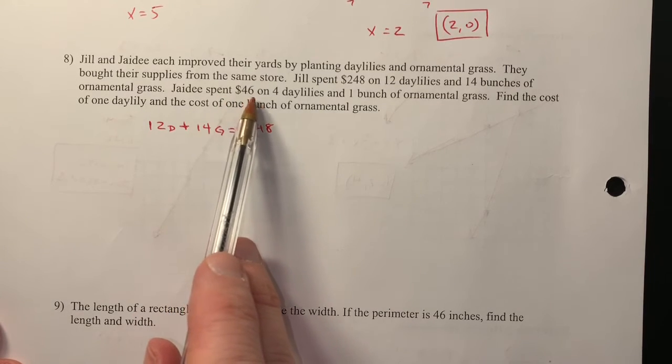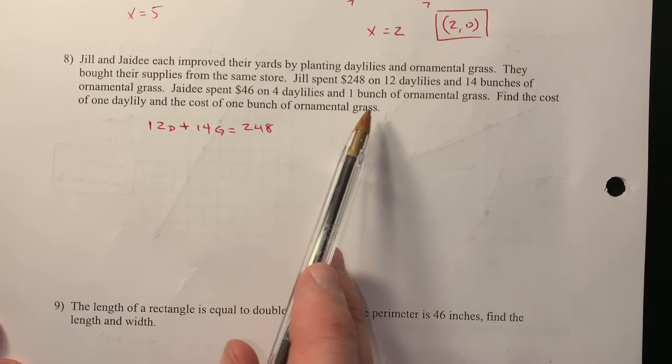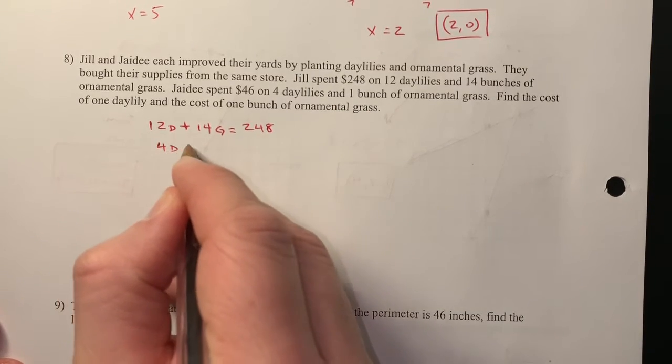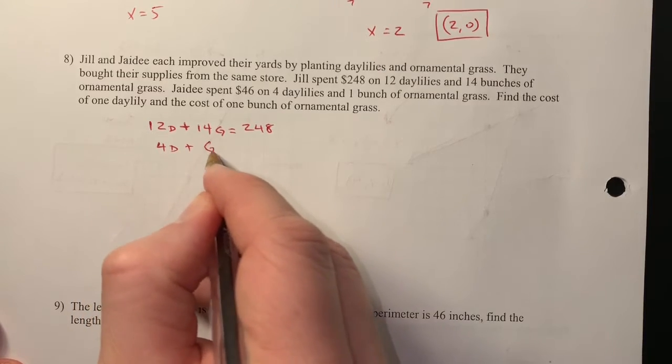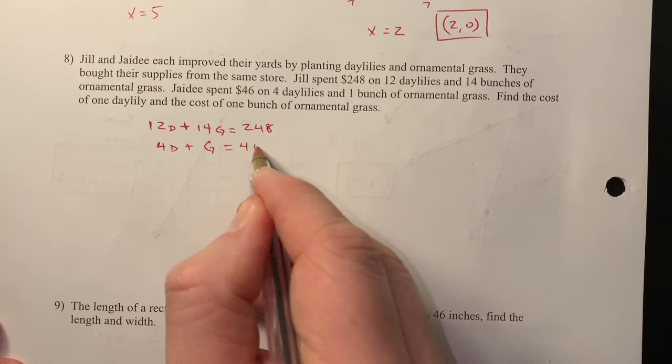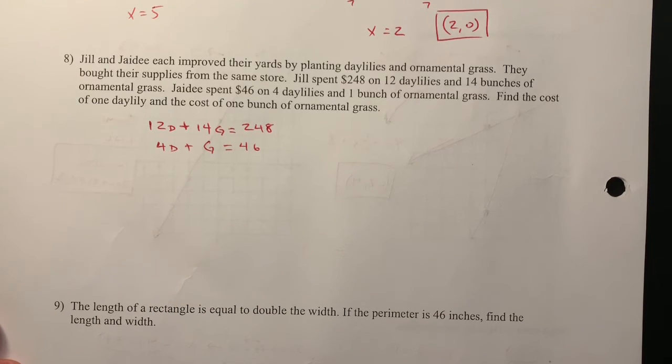JD spent $46 on 4 daylilies and 1 bunch of ornamental grass. So 4 daylilies plus 1 bunch of ornamental grass, and that cost $46. Find the cost of 1 daylily and 1 bunch of ornamental grass.